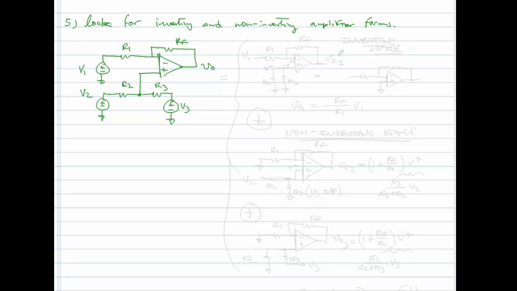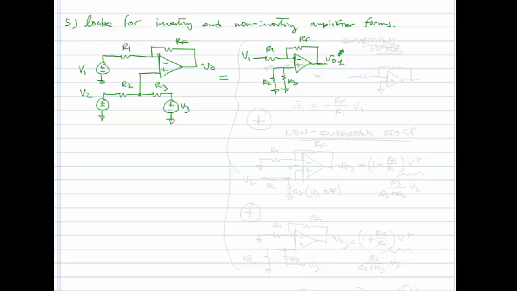So I would split this into two circuits. I recognize an inverting topology like this, and here, if I turn both of my other sources off, I have R2 and R3, V1, I'll call it VO prime, or VO1.